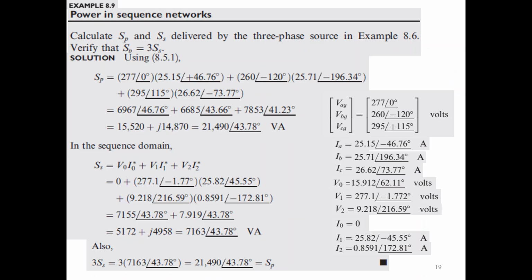All right. Let us do one example in order to wrap up this first clip. The power in sequence network is that, if you calculate the SP, which is the complex power in phase quantity, and SS delivered to the three-phase source.